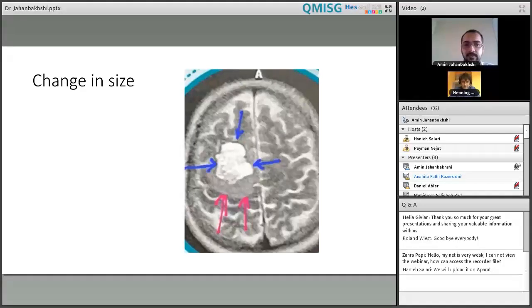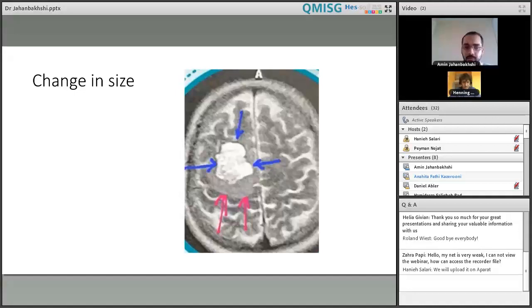And you can see there is a small part of the tumor that in neuromonitoring was in favor of motor cortex. So I decided not to resect this part of the tumor.